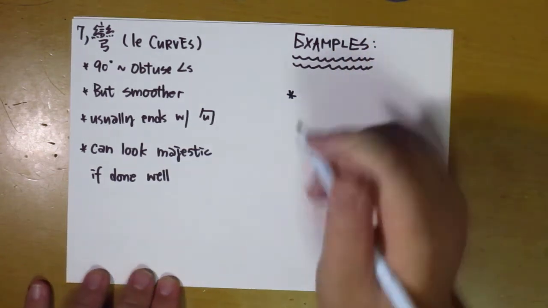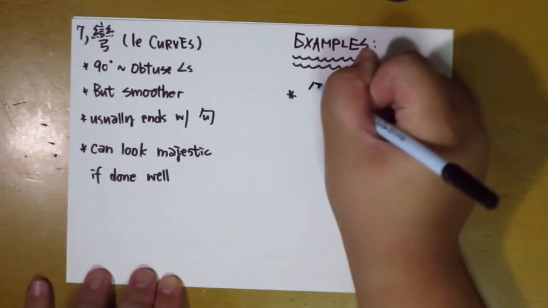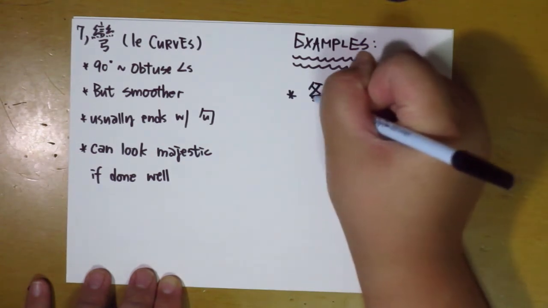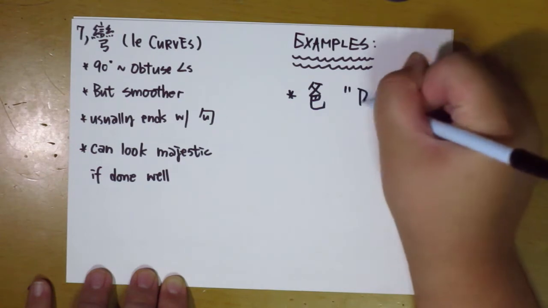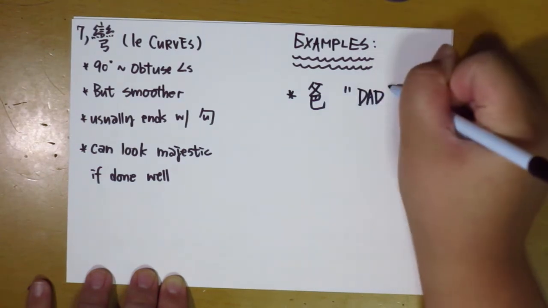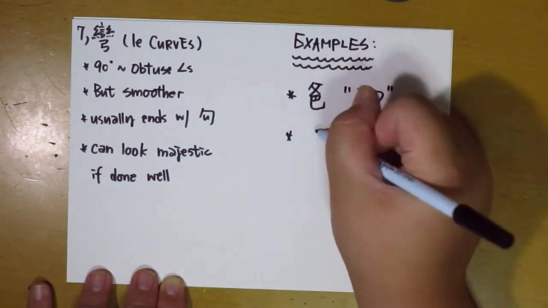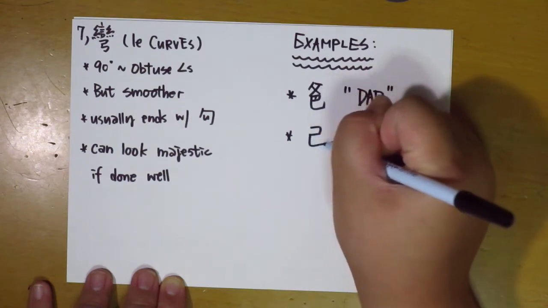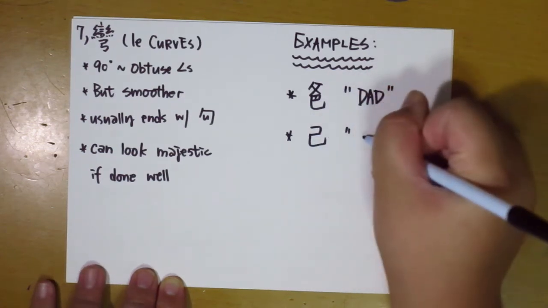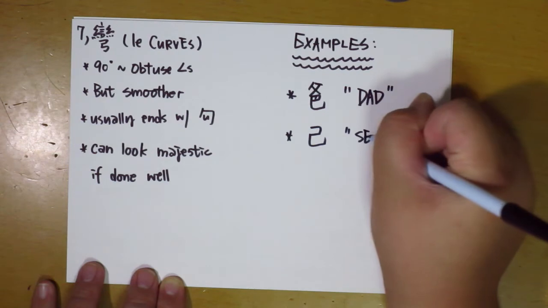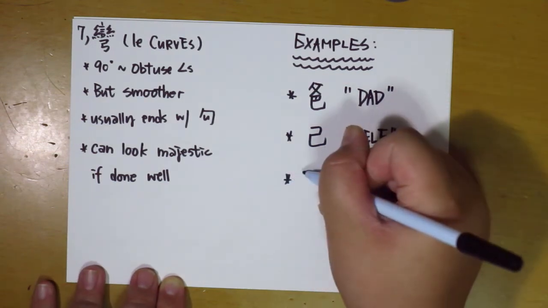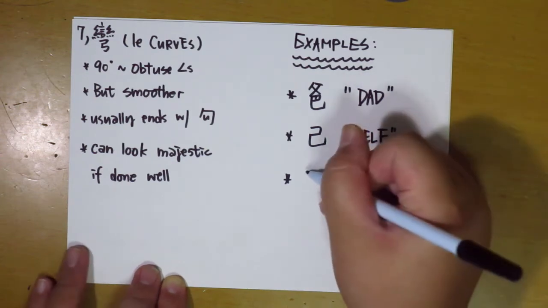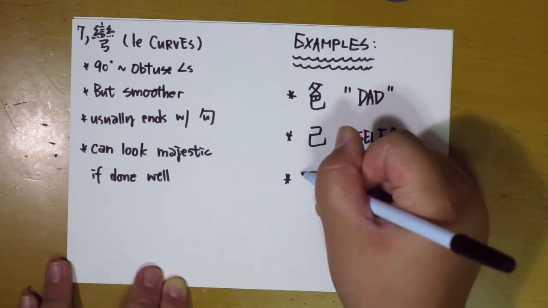Examples. First example we have is dad, which is in Cantonese ba. Yeah, dad. And the second one is gay, which is self. Myself. Similarly, I guess, because they are all pronouns.